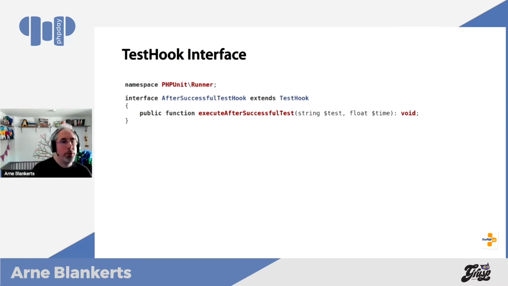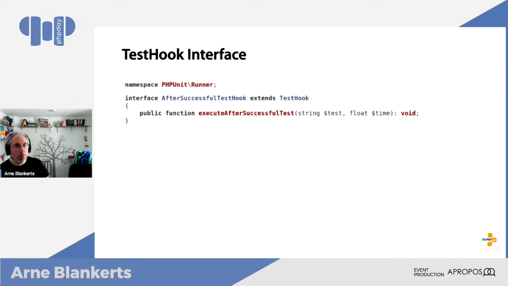Seems nice, seems powerful enough for quite some cool things. There's, for example, one extension that I think is very interesting. That's the speed trap, where you can say, okay, I'm going to run all the tests like normal, but I'm going to report everything that took too long, whatever too long might be in your configuration, so that you can report on that and potentially act whenever you think you have time to address the performance issues on the testing level.